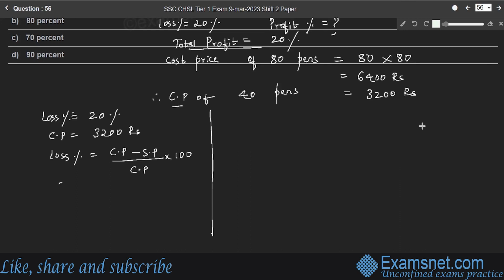Therefore, here we need the selling price of the first 40 pens, right? After rearranging these terms, selling price is equal to cost price into (1 minus loss percentage by 100). Substitute the values.